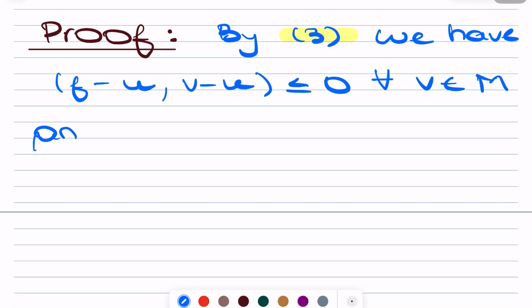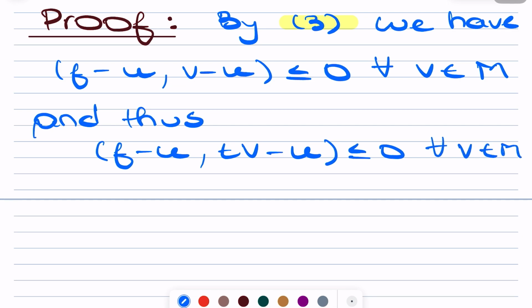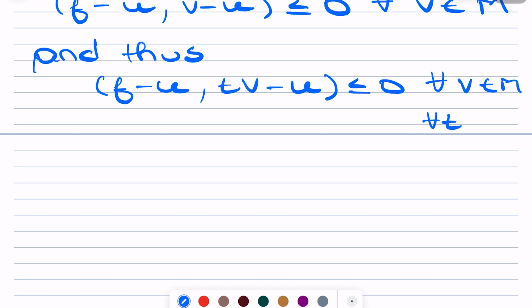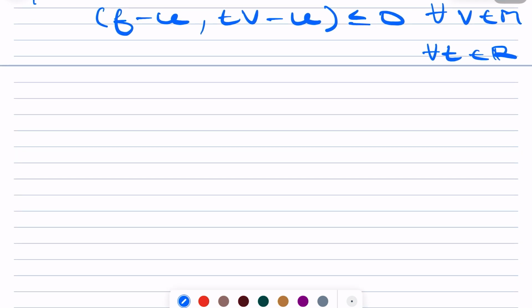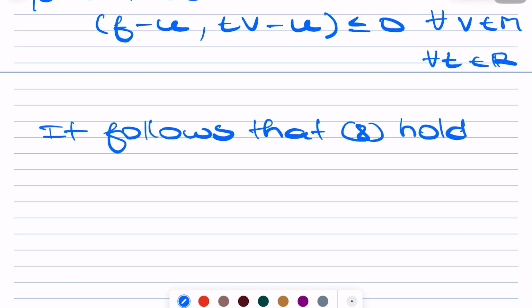But because M is a linear subspace, we even have the scalar product of f minus u, tv minus u is less or equal than 0 for every v in M. This also holds because M is a linear subspace, and for every t in R. So from this we can conclude that (8) holds.